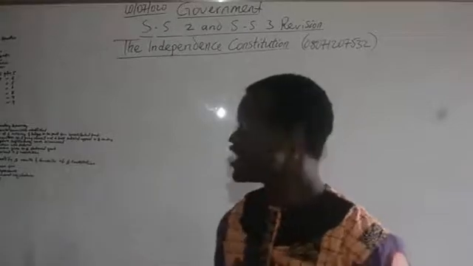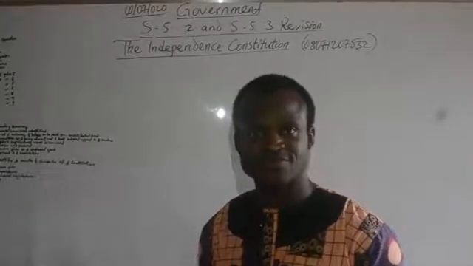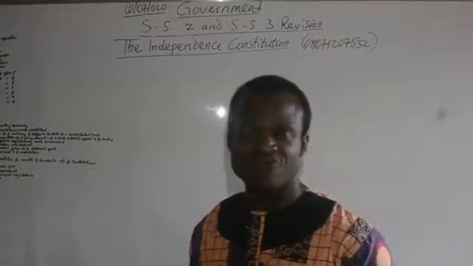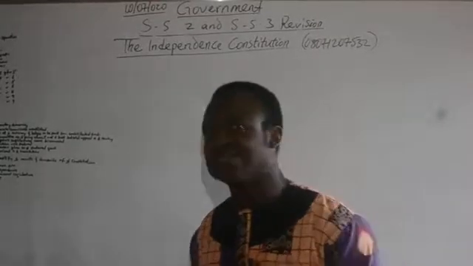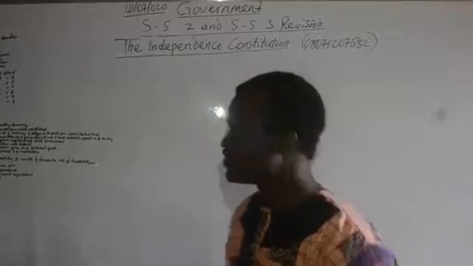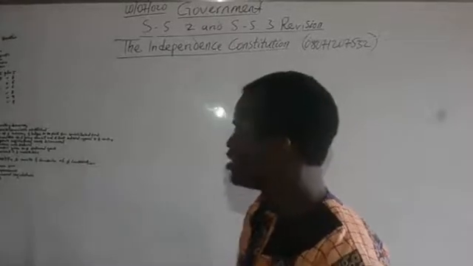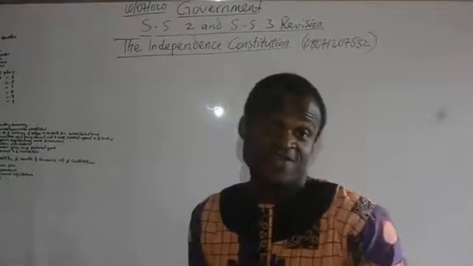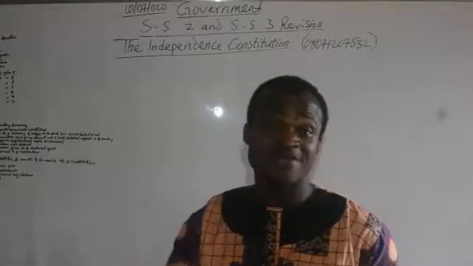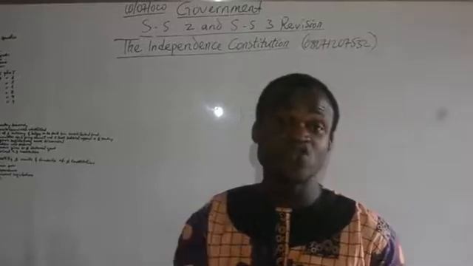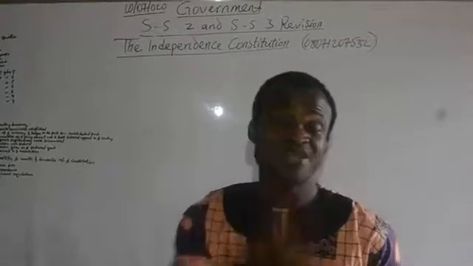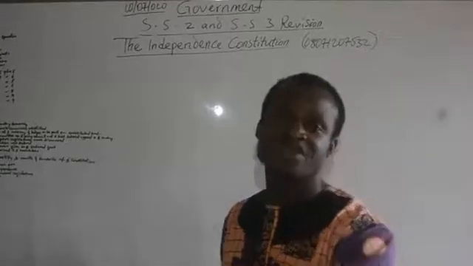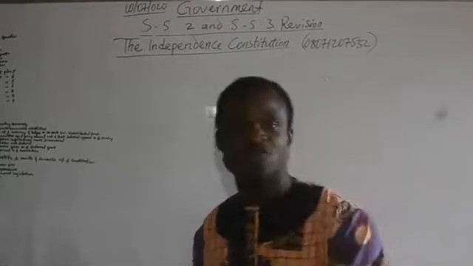Number two, the Judicial Service Commission was established by the Constitution, and it was there to advise the government on judicial matters. Number three, there was what we call the independence of the judiciary. I think that was the first major time it was stated in the constitution of the country that the judiciary should be free from the control of the executive and legislature.